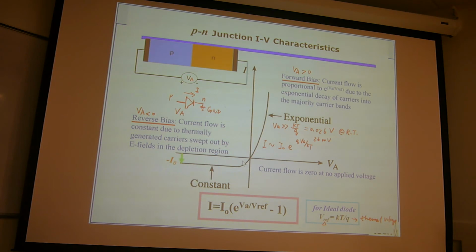And then if you look at the negative VA, if you apply negative voltage, then the exponential term will become 0, because the exponential of negative infinity is 0. So this term will be 0, and you just have the minus 1 here. That means you're going to get this negative I0. This is the saturation current.